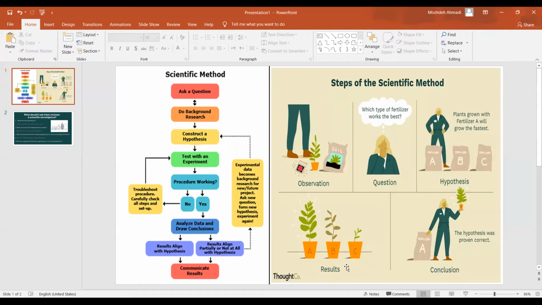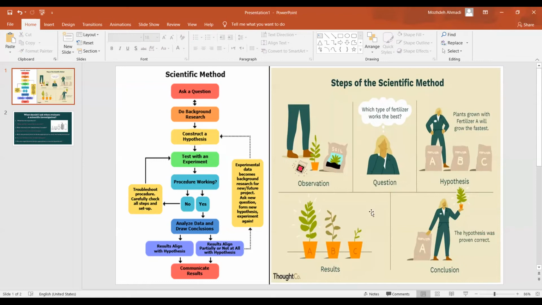Okay, now we already know the independent variable and the dependent variable. And the control variable is, for example, the amount of the sun and the amount of the water that we gave to each of these plants. They should be exactly the same.